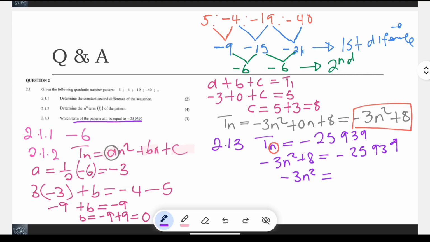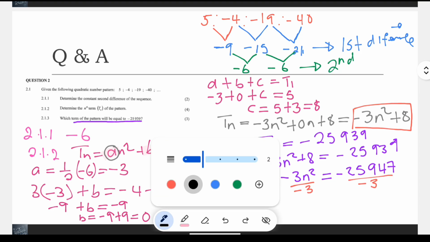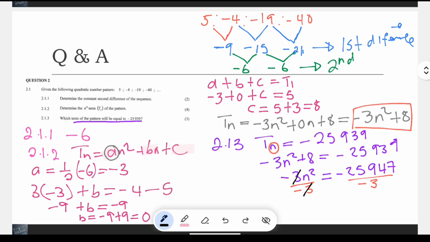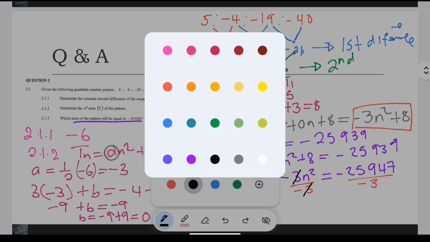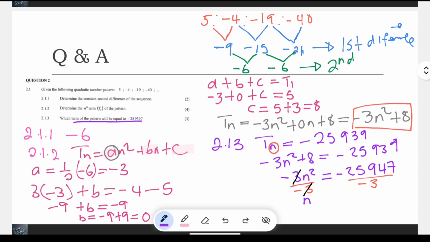And then that will be minus 25947. Right? Okay. And then we're going to divide both sides by minus 3. Remember, we're looking for n, the position of the term. Dividing this to be 1, and then now we'll have n squared equal to minus 25947 divided by minus 3. That will be positive 8649.